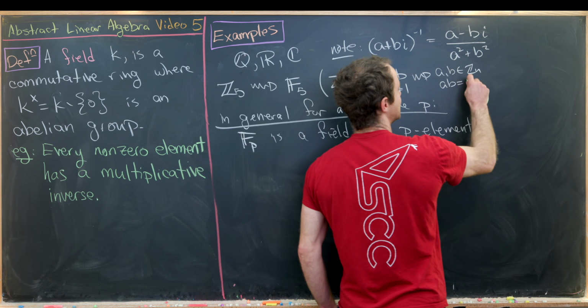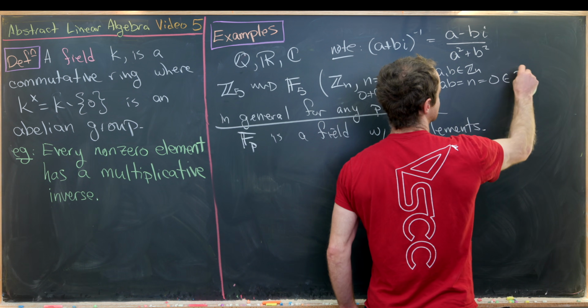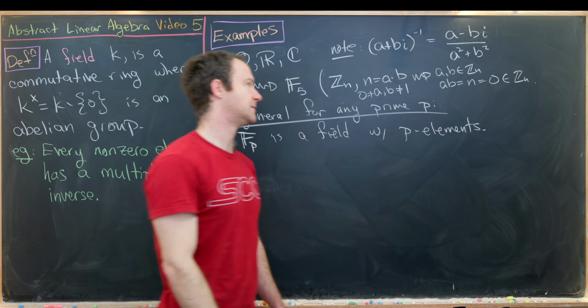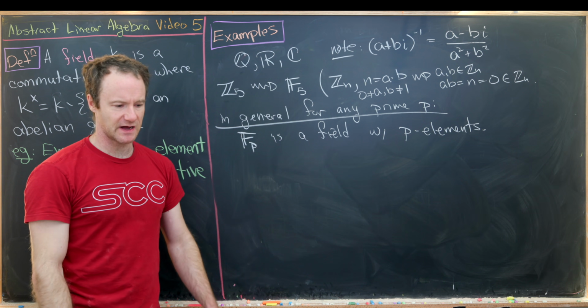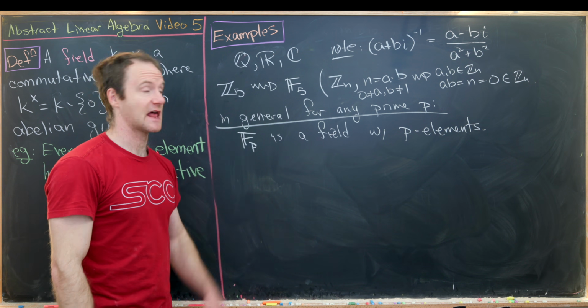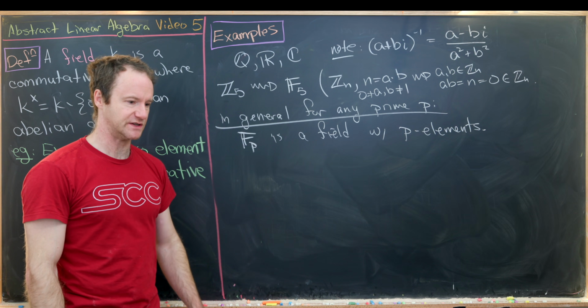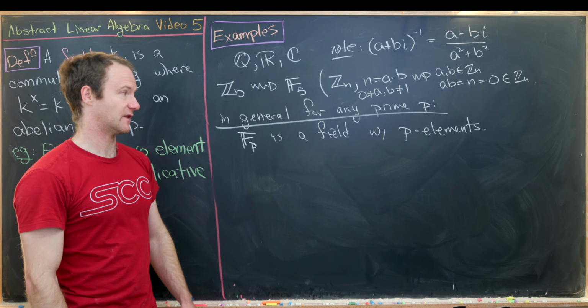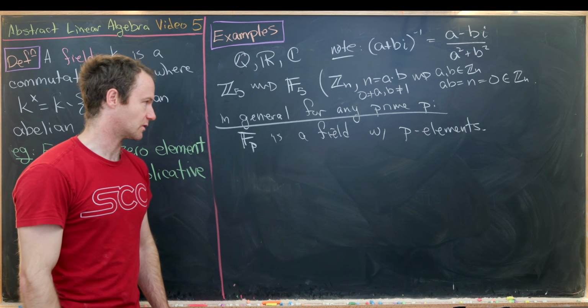But A times B is N, which is equal to 0 in Zn. But the fact that those multiply to something equal to 0 tells you that, in fact, they do not have inverses. There's a little bit more work to do, but again, we'll save that for a proper abstract algebra course.